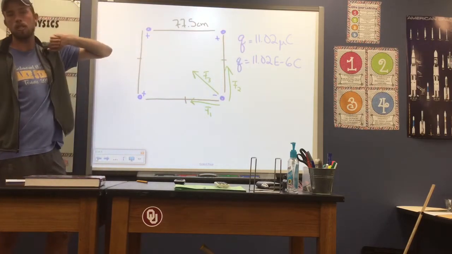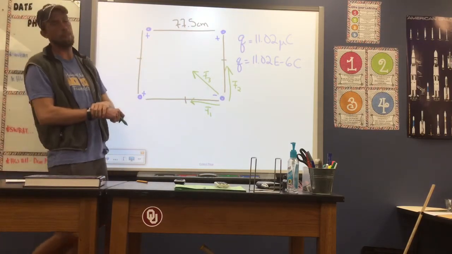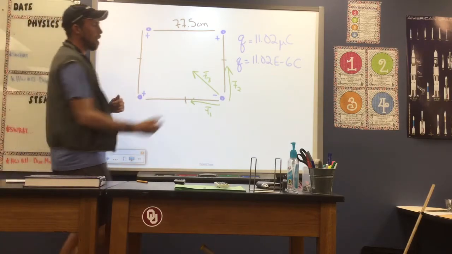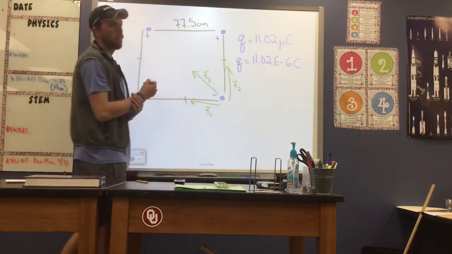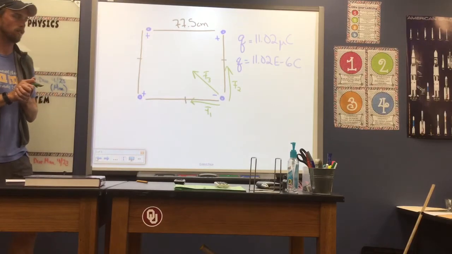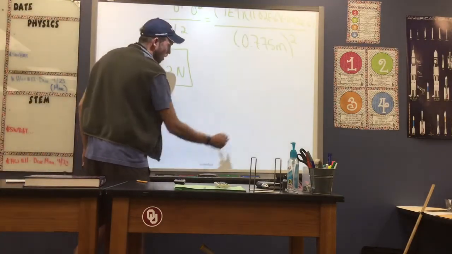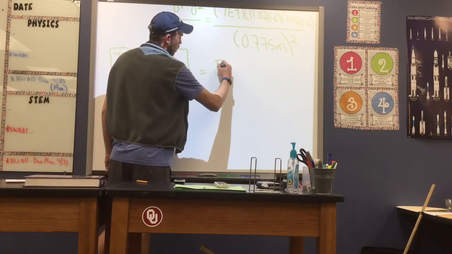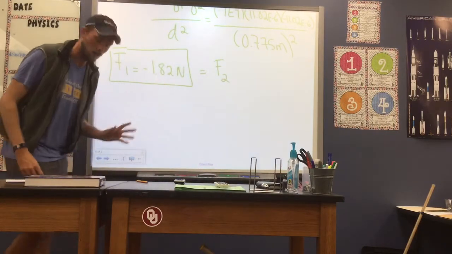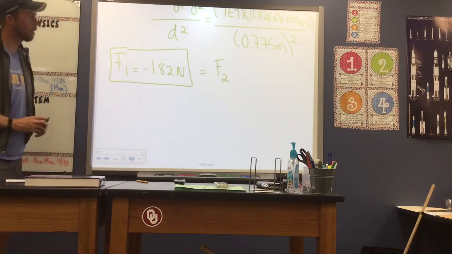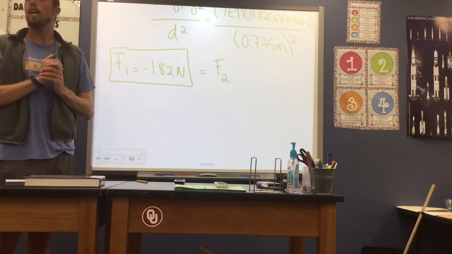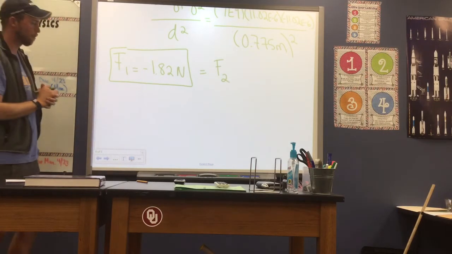Still a positive 11.02 microcoulomb and a negative 11.02 microcoulomb. We also have the same distance, 77.5 centimeters. We also have the same constant. And therefore, if all of our variables are remaining the same, we know that F1 is also equal to F2. So we don't have to do any solving in that scenario. So there's two parts of our work already done.